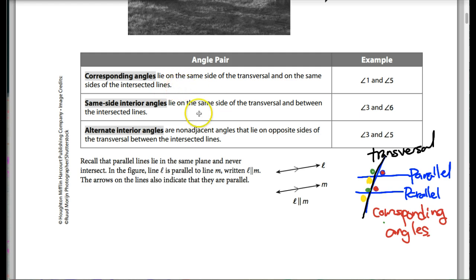They measure the same. What about same side interior angles? We also talked about that. Again, parallel lines, transversal, same side interior angles. They're both on the inside of the parallel lines and they're on the same side of the transversal. So that is a same side interior angle.